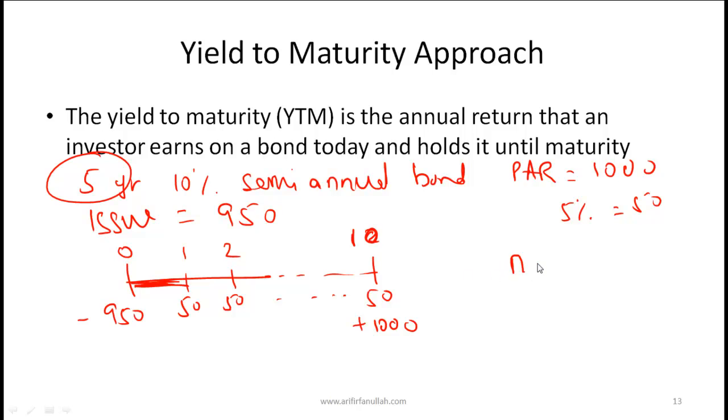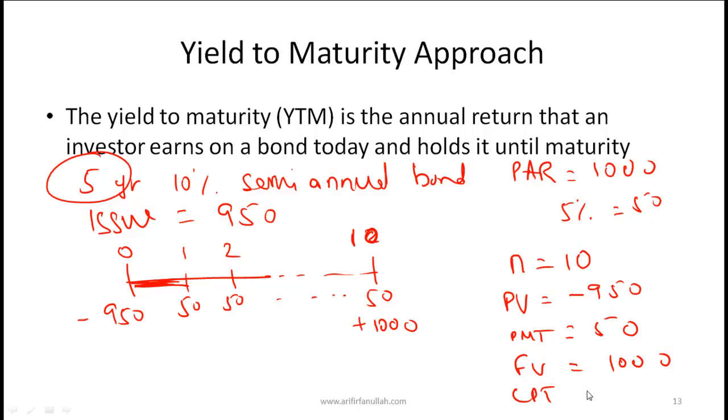So plug in N is equal to 10, your PV is equal to minus 950, your payment is equal to 50, FV is equal to 1000, and you have to compute the interest rate. This interest rate that you compute will be the 6 month interest rate, and then you simply multiply it by 2 to come up with the annual rate.